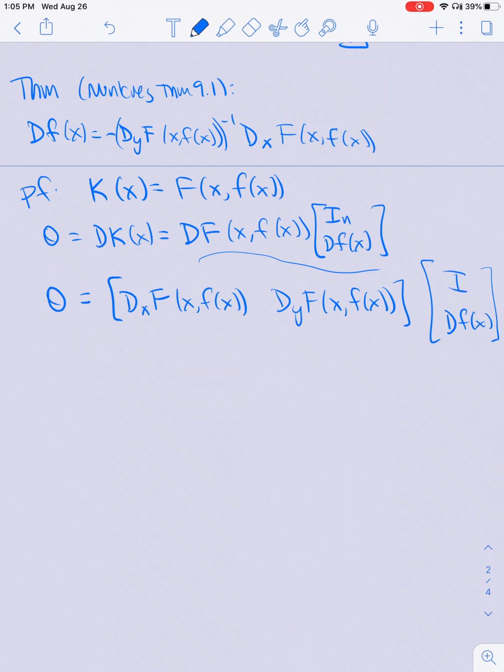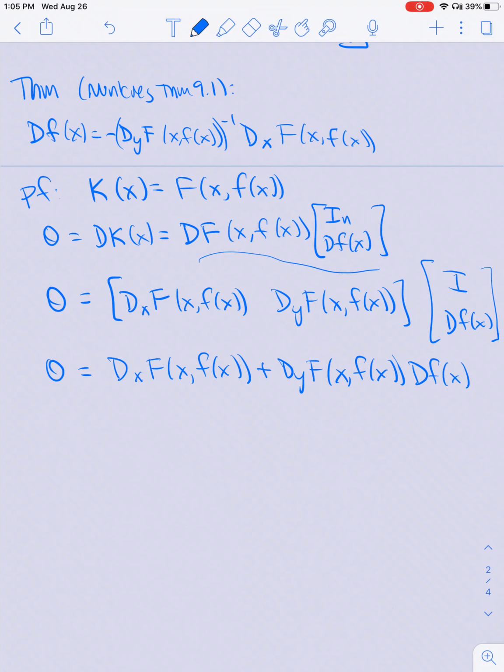And if I do the matrix multiplication, you can see that I'll literally get the exact thing that I wanted. So I'll get d_x f at (x, f(x)) plus d_y f at (x, f(x)) times df at x is equal to 0. And this is the proof.